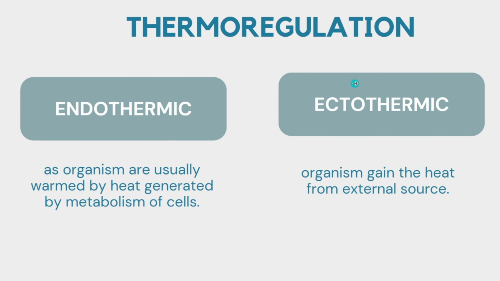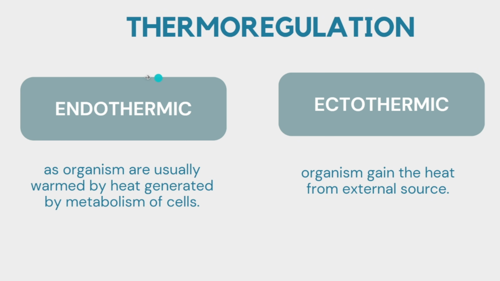If the environment is very hot, their body temperature is also very high. If the environment temperature is low, their body temperature is low. But for endotherms, no, their body temperature is always constant, like human, 35 to 36 only. Even if you go to the desert at 60 degrees Celsius, your body temperature will not increase up to 60 degrees Celsius.